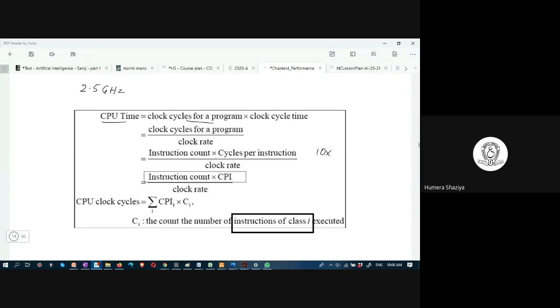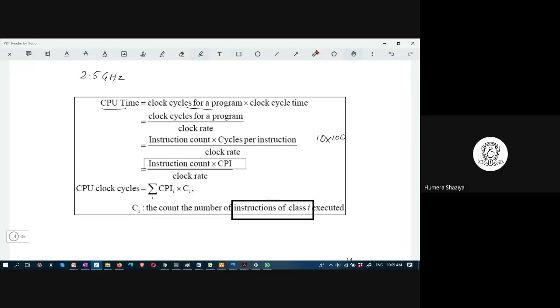Cycles per instruction, let us take a small example, hypothetically, 100 cycles per instruction, or for an instruction, we don't need 100 cycles, we need only 3 or 4 cycles. There are 10 instructions and 3 cycles per instruction.